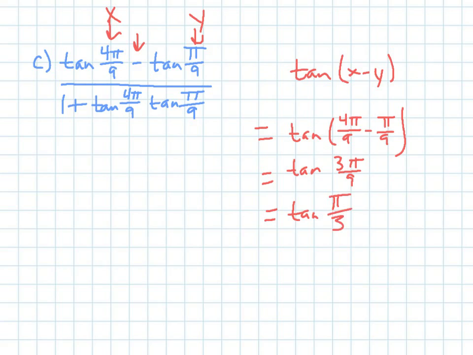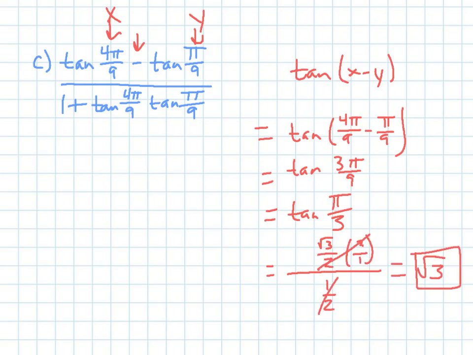Okay, so then for that, sine over cosine, so sine is the square root of 3 over 2, cosine is 1/2, and multiply by the reciprocal, that goes away, I'm left with square root of 3. Okay? And that would be my answer.